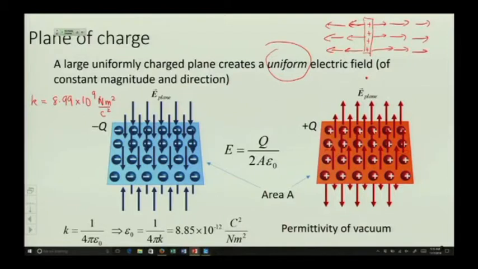So remember, we have Coulomb's law due to a single charge or due to a pair of charges. F is equal to k Q1 Q2 over r squared, which is 1 over 4 pi epsilon naught, if you like, in terms of this new constant, Q1 Q2 over r squared.